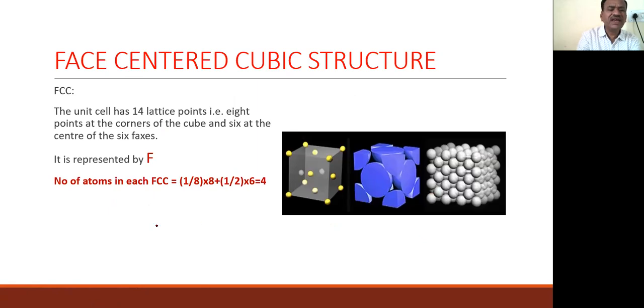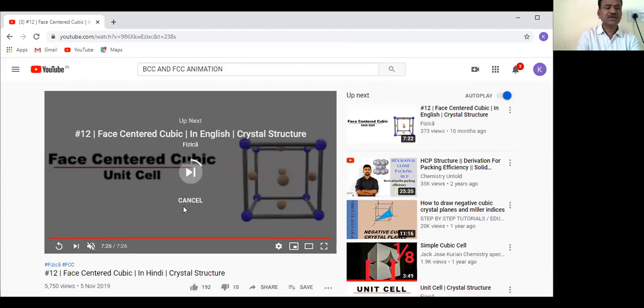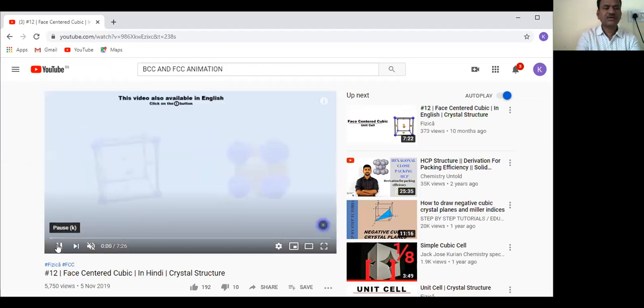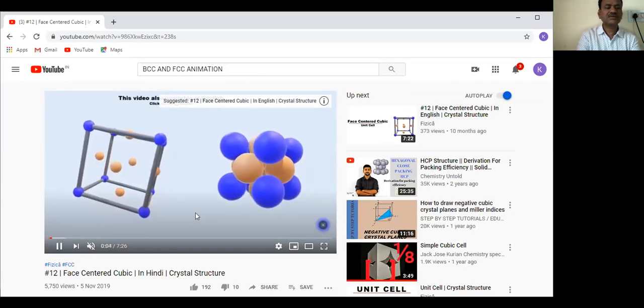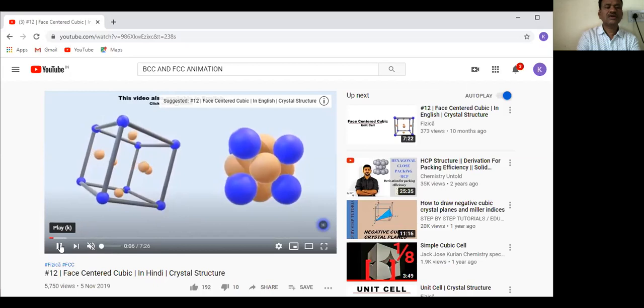Next one is the face-centered cubic structure. You see here, apart from the corners, the cube has 6 faces.